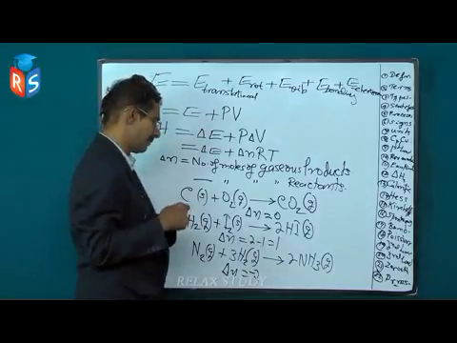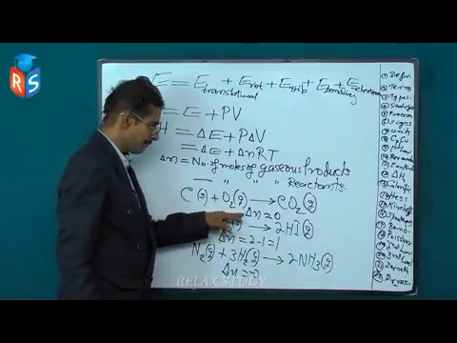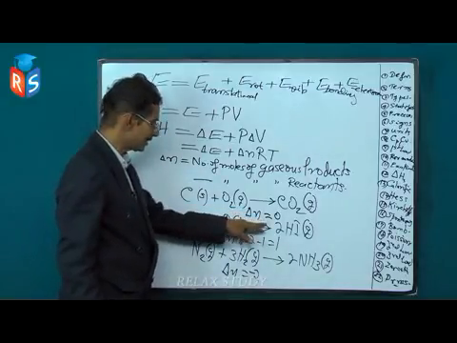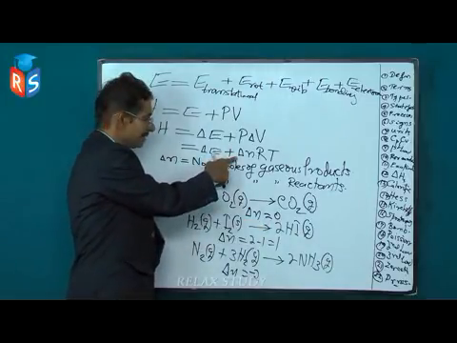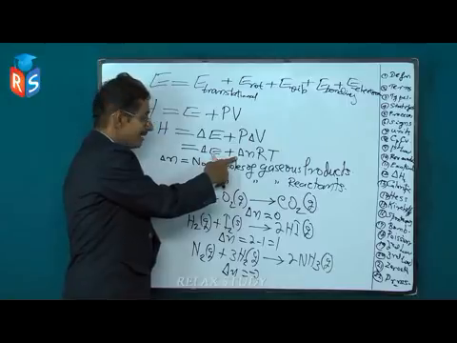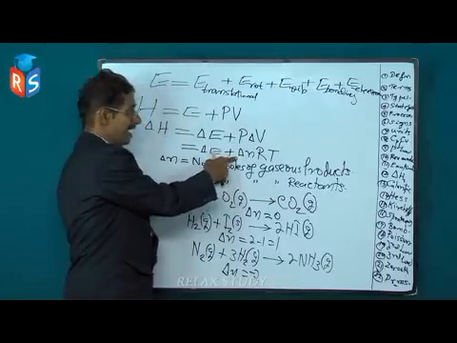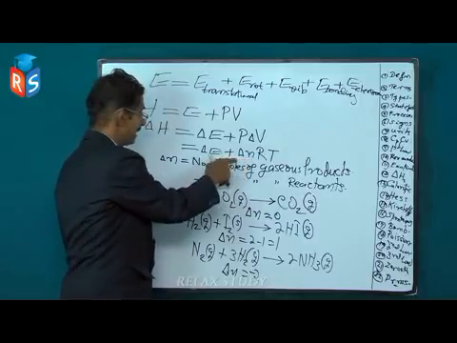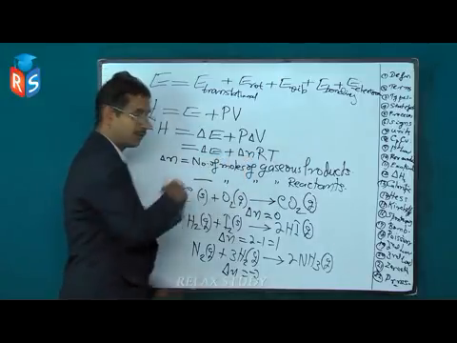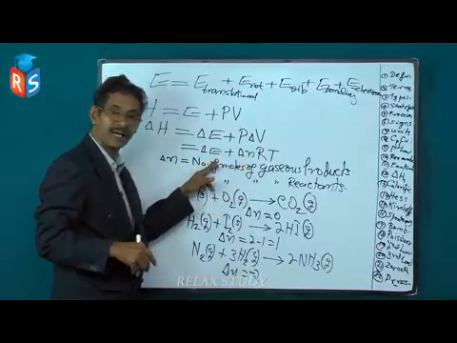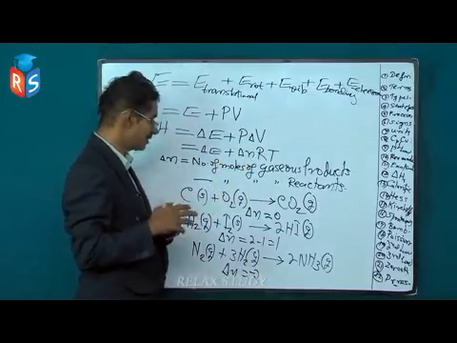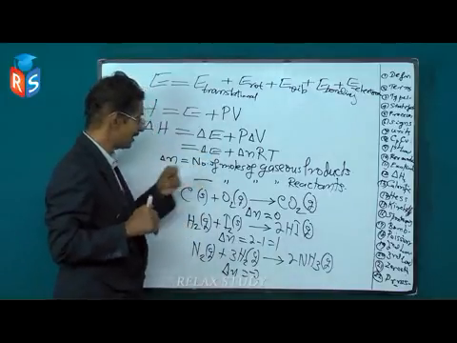You might have noticed one special point. One of the cases, delta N equals 0. If delta N happens to be 0, think for a moment and find out this peculiar situation. If delta N is equal to 0, the second term on the right hand side in this expression becomes 0. That means delta H equals delta E. That's also to be specially remembered. This is a special case.